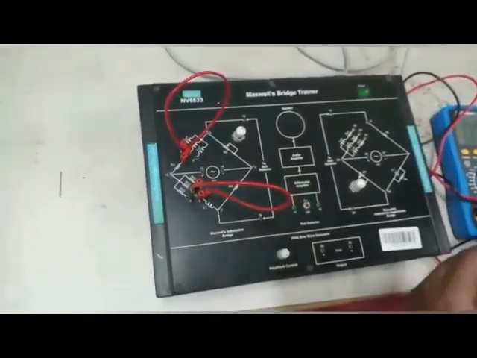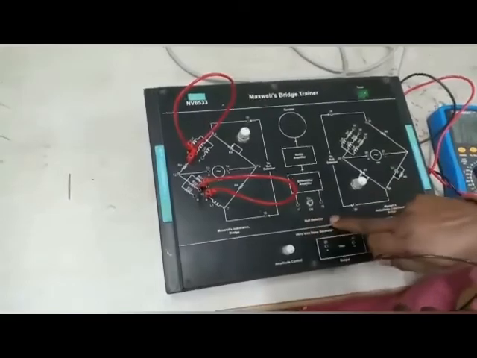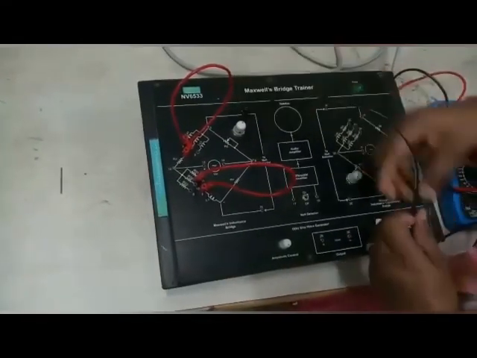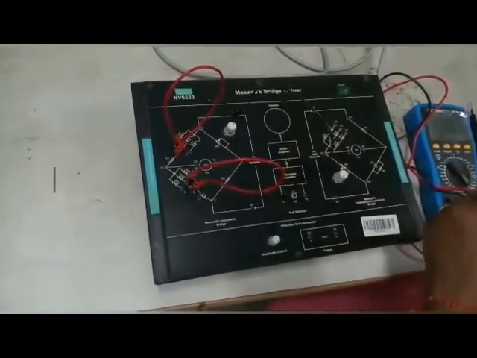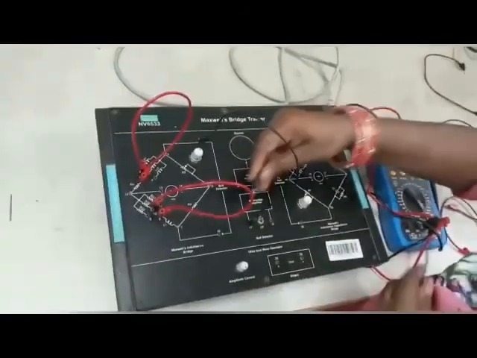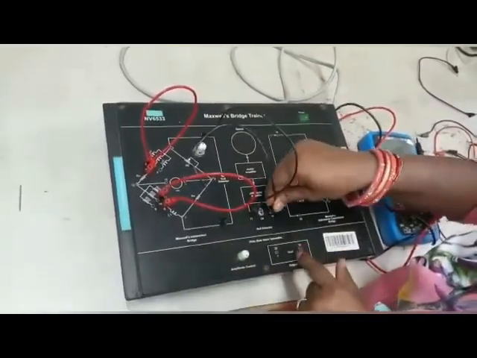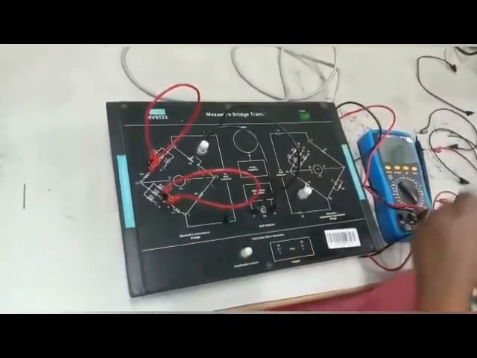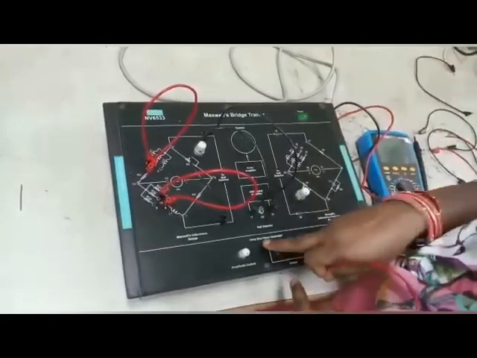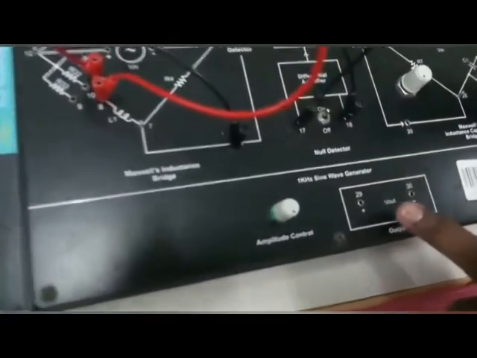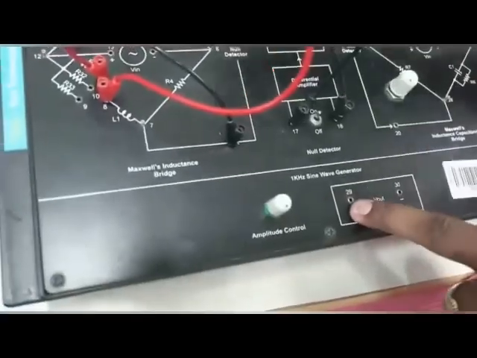Next connect the null detector by using terminals 15 and 17, and take another patch cord and connect 16 and 18 terminals. Next you have to connect the sine wave generator with the Maxwell inductance bridge, so sine wave generator 29 to 30.